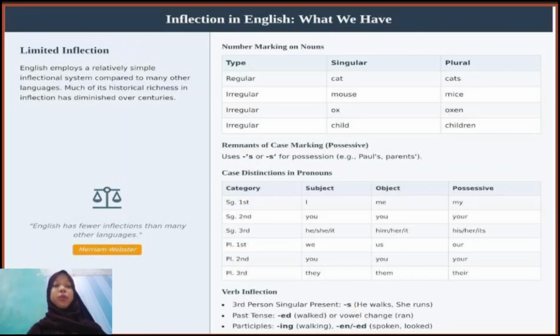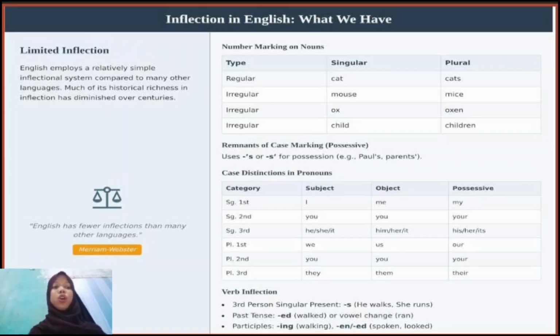And then verb inflection. English verbs have a small number of inflections. We add s for the third person singular, like he walks. We add ed for a regular past form, while irregular verbs change form, such as run becomes ran.